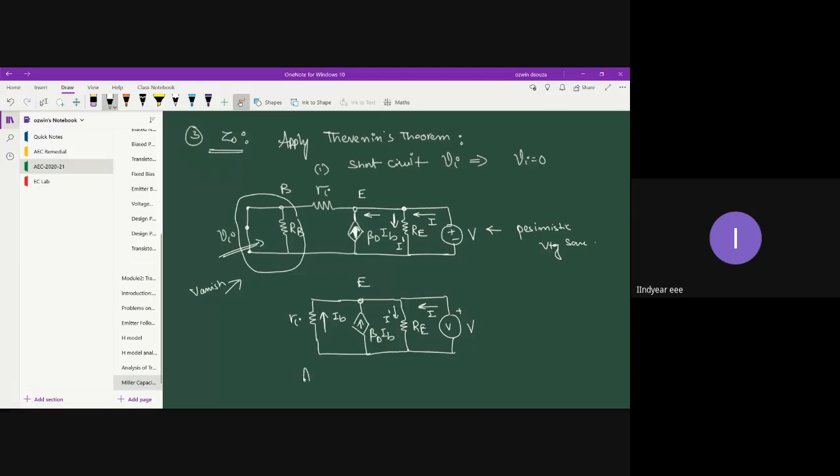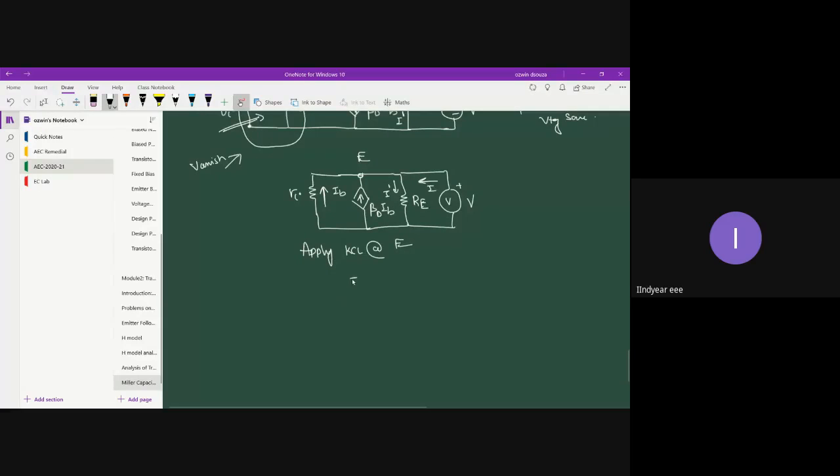So apply KCL at node E. Node E will give us IB, incoming current, plus the second incoming current beta D times IB.